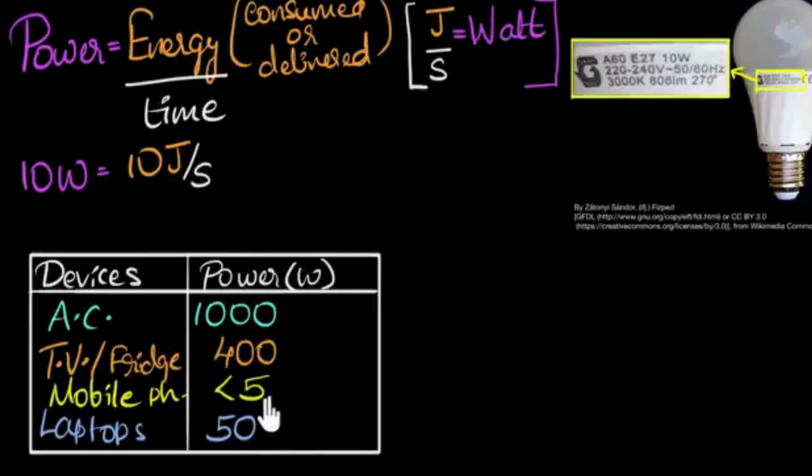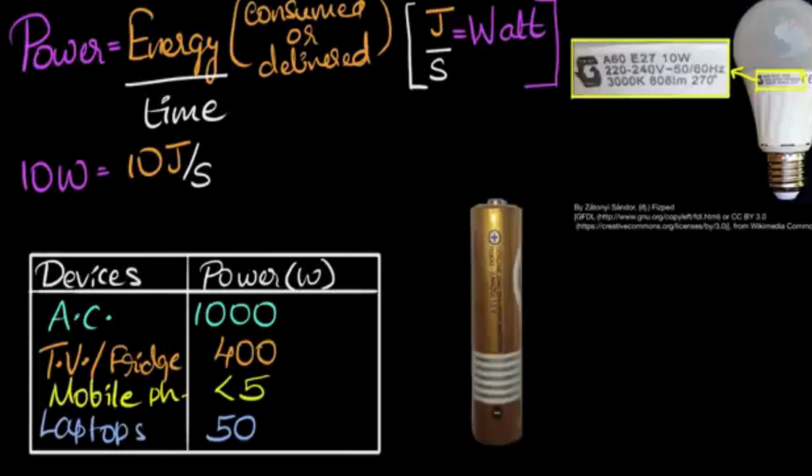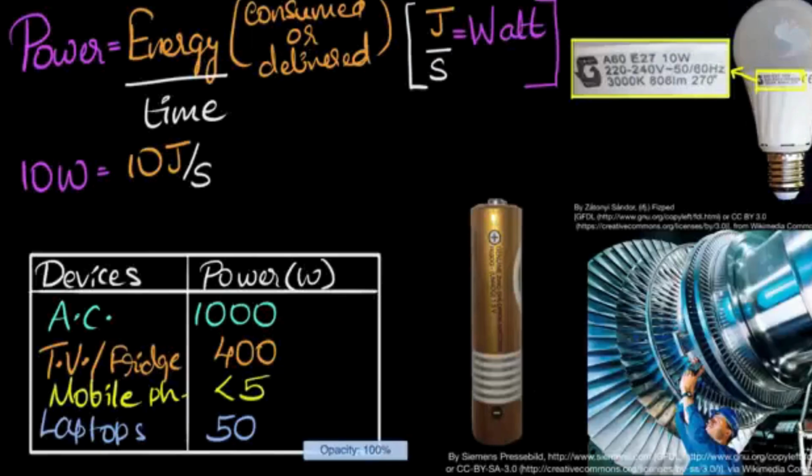Now here's a question: where do these energies come from? I mean, it has to come from somewhere, right? Well, you may guess that in mobile phones and laptops, these energies are delivered by the batteries. But in bigger circuits, like in our domestic circuits, the energy is delivered by the large generators in the power stations.